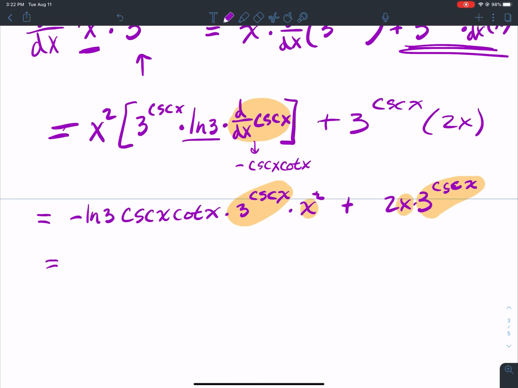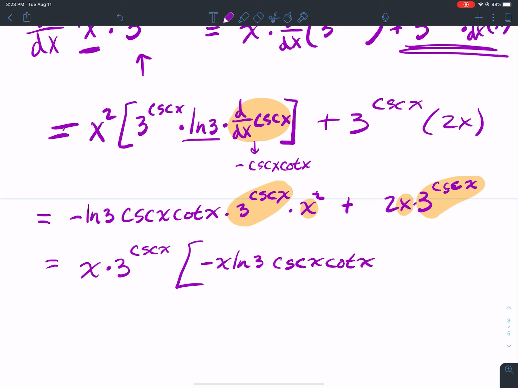So if you wanted to, you could factor an x times 3 to the cosecant x out. And if you did, it looks like you'd have negative x ln 3 cosecant x cotangent x plus 2. Okay? And then close my parentheses.